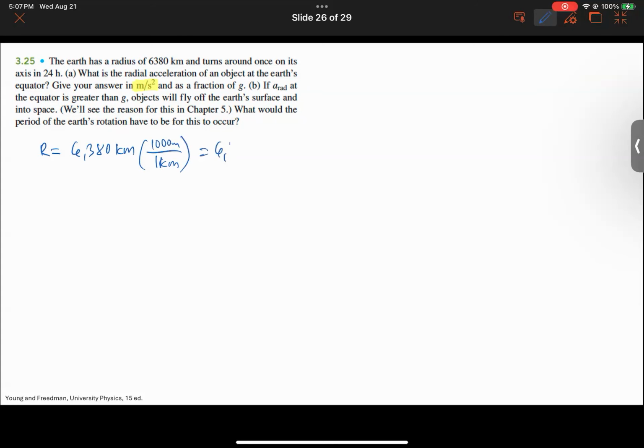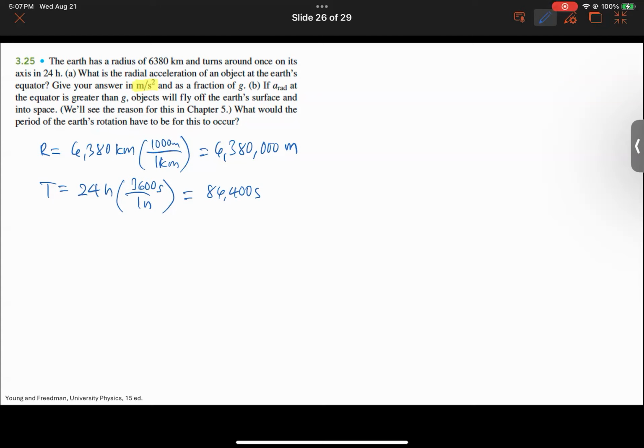So this will be 6,380,000 meters. What else do we know? The time, the period, is 24 hours. In one hour there are 3,600 seconds, so this will be 86,400 seconds. Yun lang yung binigay sa atin.